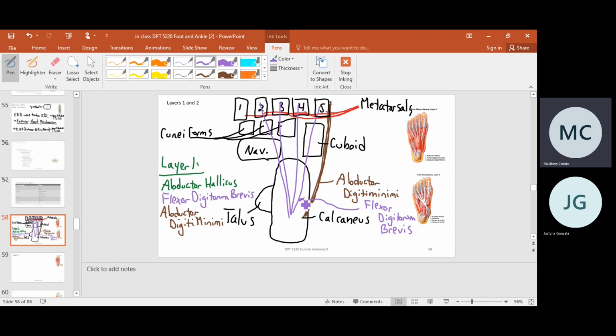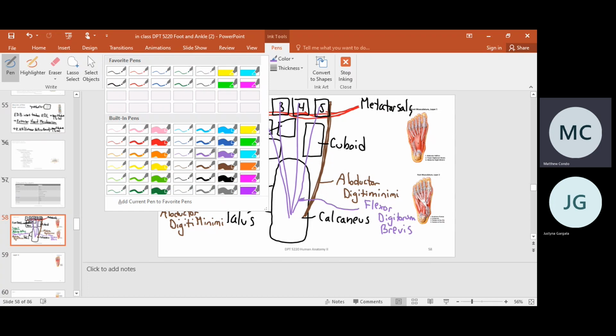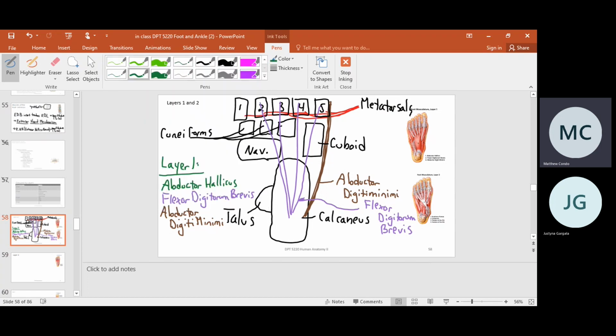My abductor hallucis, again, is going to come off of essentially the calcaneus, and it's going to come out to my great toe. I'm just going to draw an arrow to that. No sense in writing it out again. And my abductor hallucis is going to abduct my hallucis.